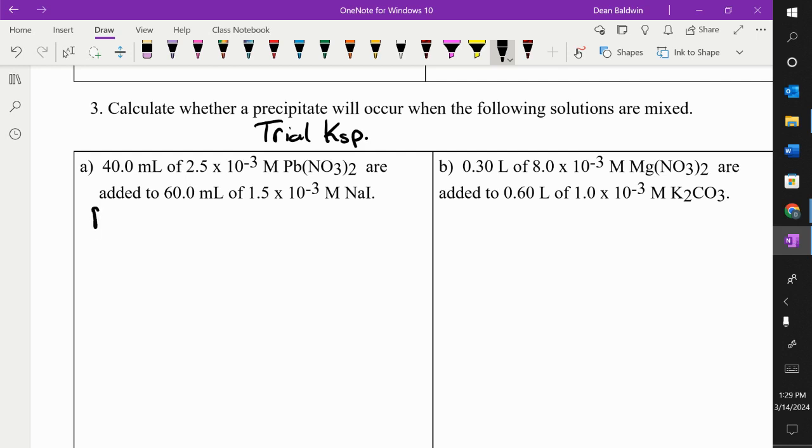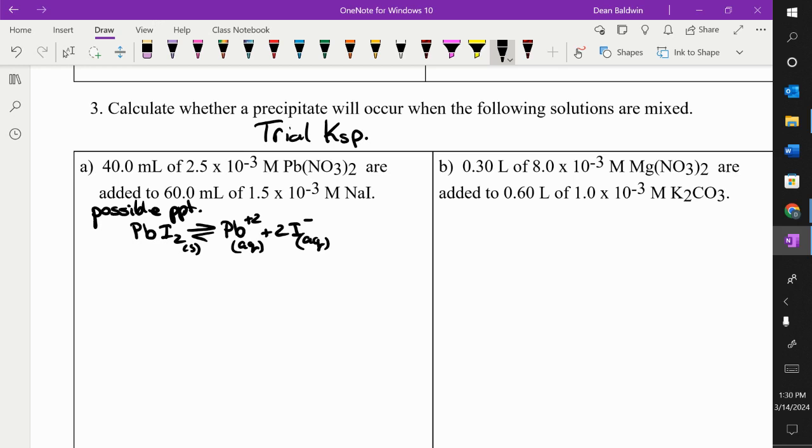So your possible precipitate is the lead iodide, PbI2, which when it ionizes is doing this. Okay? Does that make sense? Everybody with me so far? I don't care about the sodium and the nitrate, that's irrelevant. I care about the lead and the iodine.